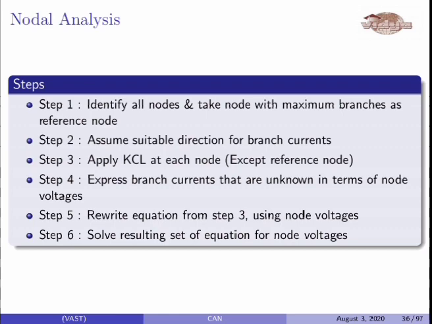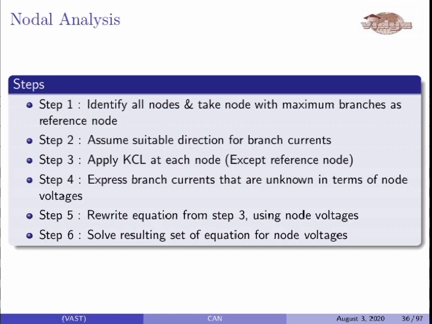Then express the branch currents that are unknown in terms of the node voltages. So already in step 2, we have assumed the current through different branches. If the currents are unknown, you have to express those currents in terms of node voltages. That is step 4. Next step is to rewrite the equation from step 3 using node voltages.